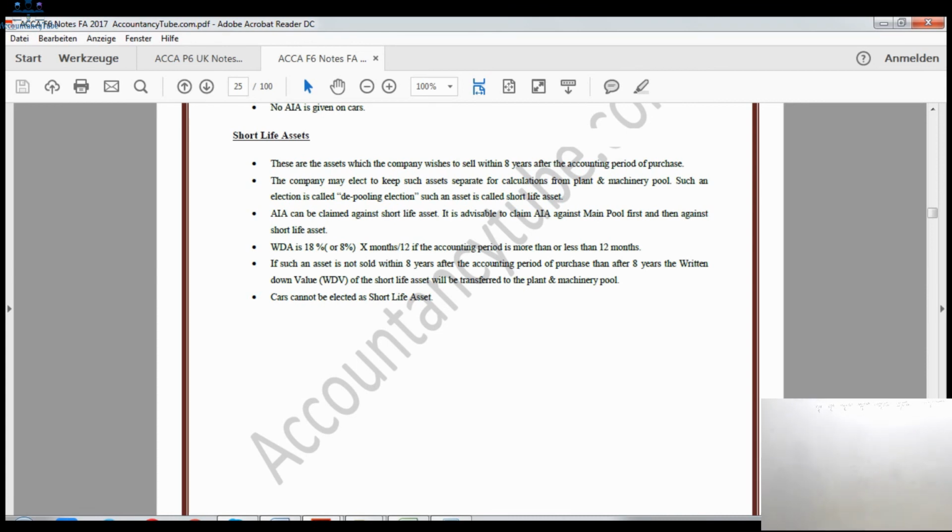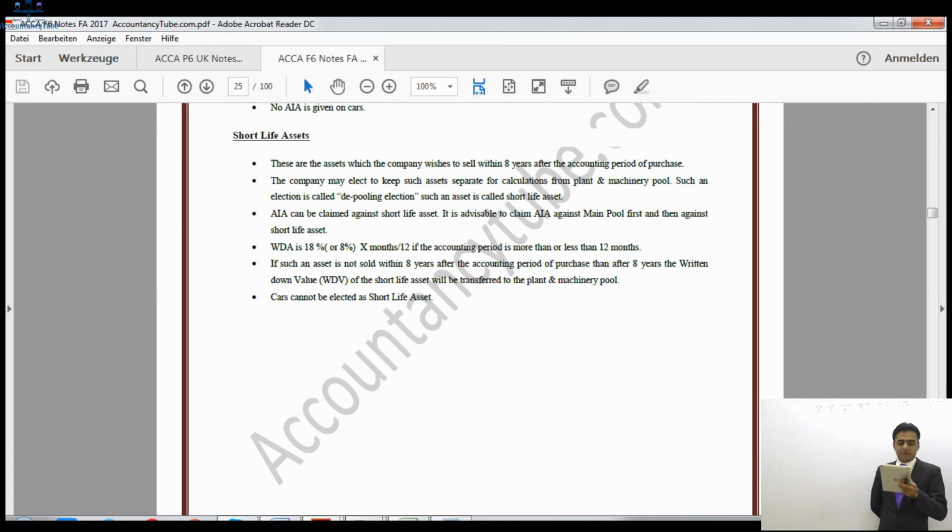Now annual investment allowance can be claimed against the short life assets. It is advisable to claim annual investment allowance against the main pool first, then against the short life assets. Right? Now it says that annual investment allowance will be calculated in the main pool first, then in the short life assets, which tells me three preferences of annual investment allowance: first against the special rate pool, then the main pool, and finally against the short life assets.